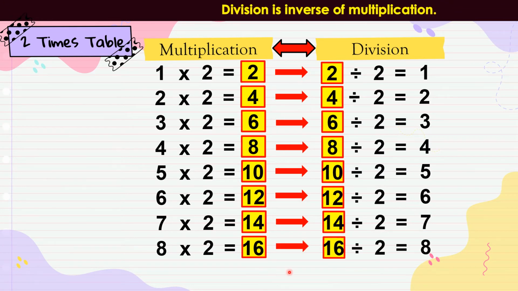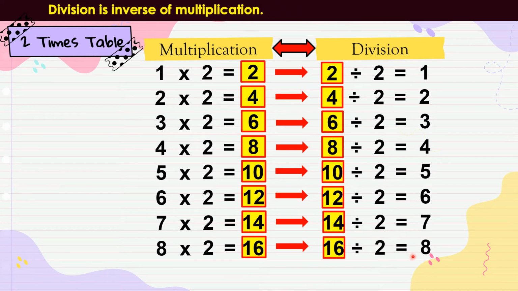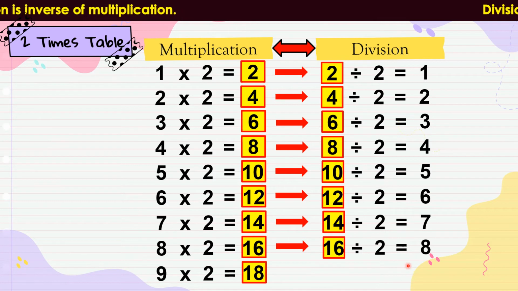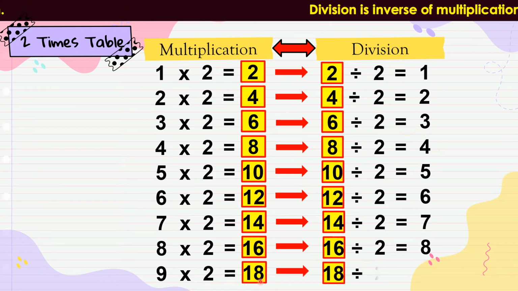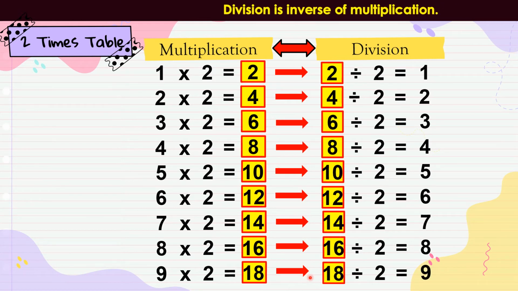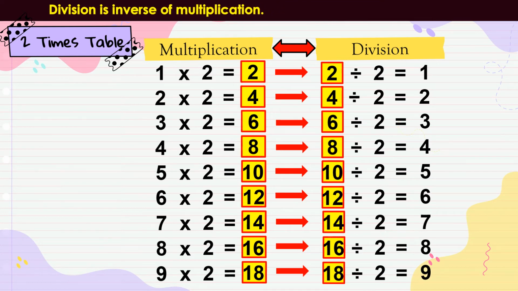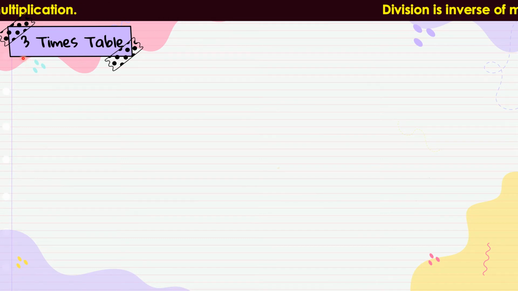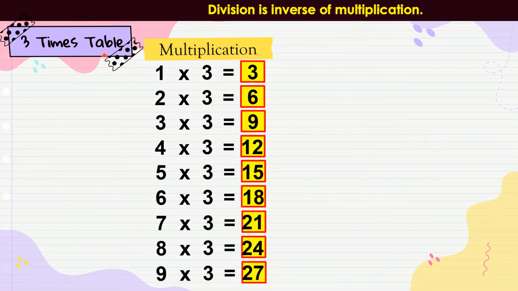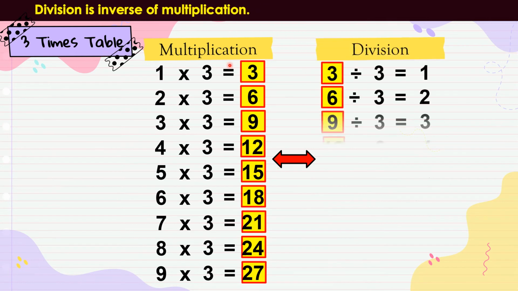When we inverse it, it becomes 16 divided by 2 is equal to 8. 9 times 2 is equal to 18. When we inverse it, it becomes 18 divided by 2 is equal to 9. Now let's see another example. 3 times table. From multiplication table, we can change or inverse it to division table.